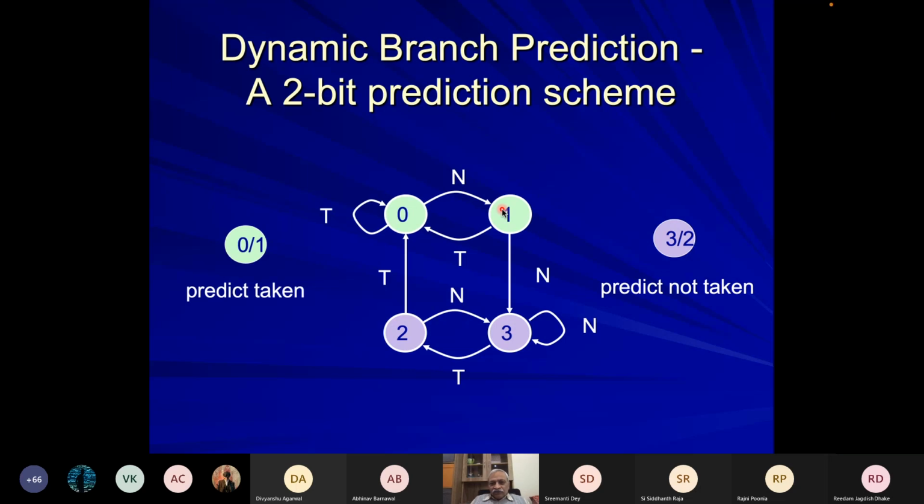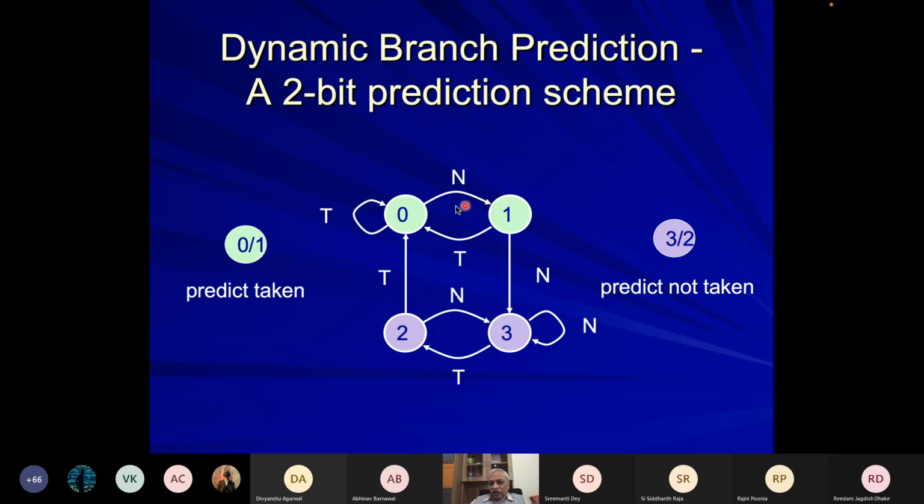Okay, so suppose you are in state 0, you are predicting that branch is to be taken, and branch actually gets taken, so you happily remain in the same state. But if prediction has gone wrong, you make a note of that, but don't change your mind immediately.